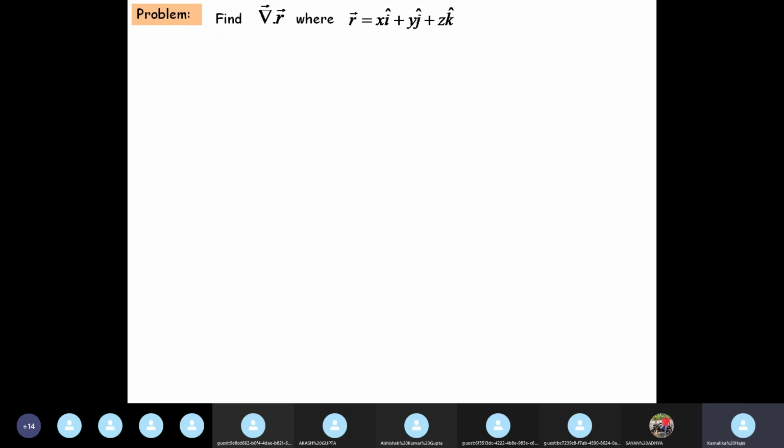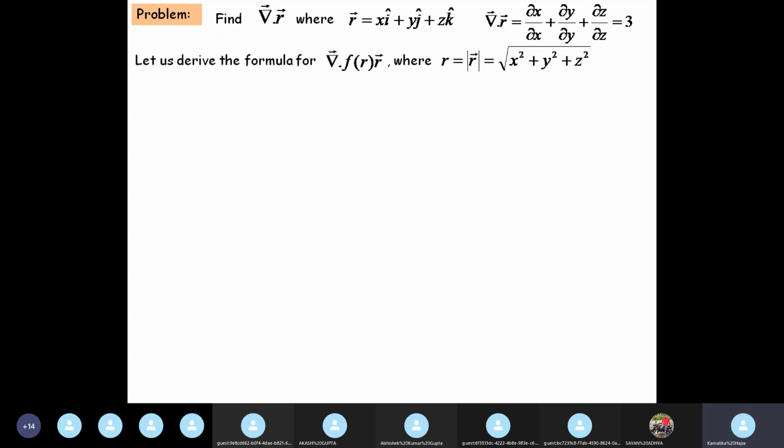So very simple. Taking the divergence is very simple, and the fact that it's a scalar makes it even simpler. What we'll do is, instead of finding the divergence of different functions of r using the root over x square plus y square plus z square form, we will directly find the formula for the divergence of any function of r, f(r), into the r vector.